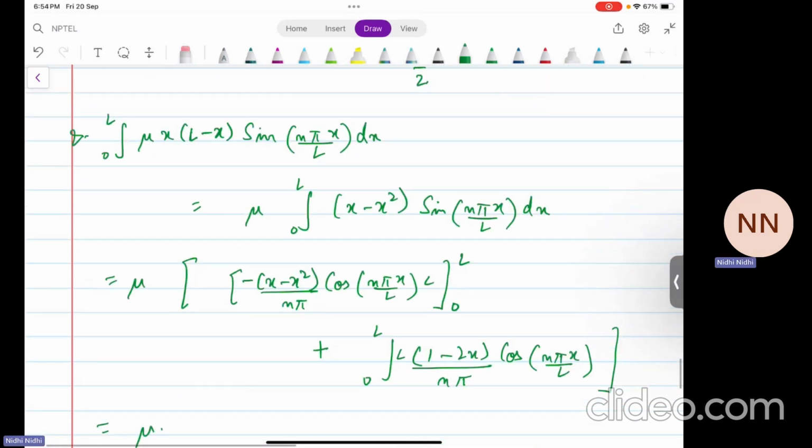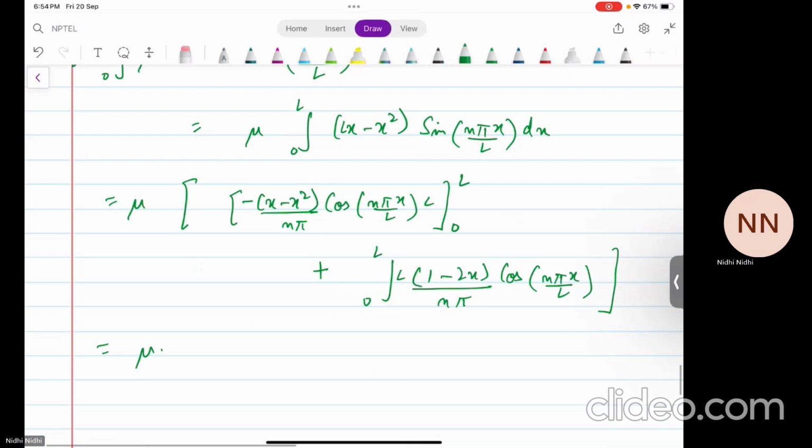So this is Lx. Now putting x equals to L, we'll get 0. Again x equals to 0, also 0. So this is 0 plus L by n pi.